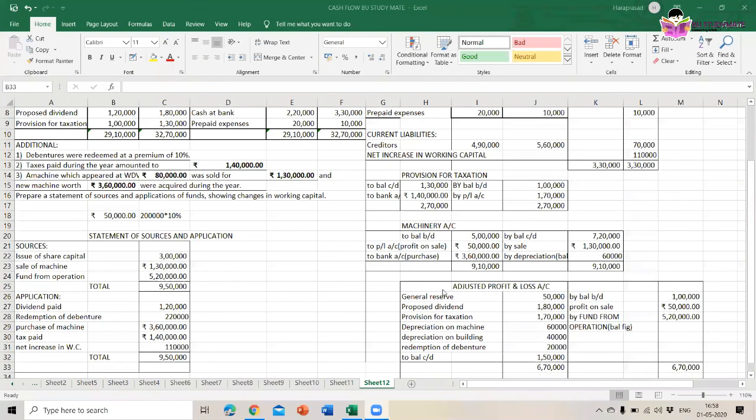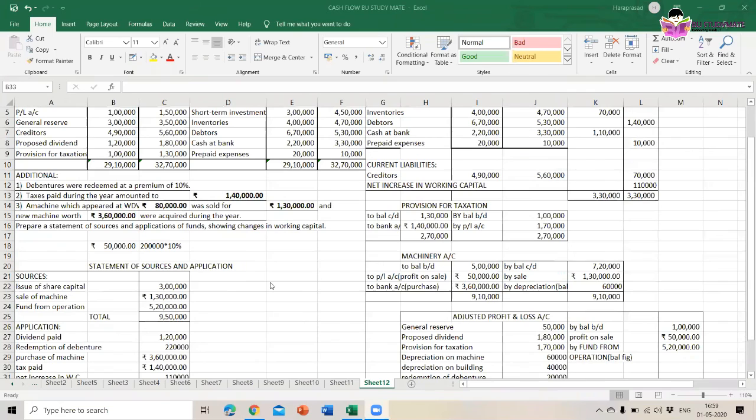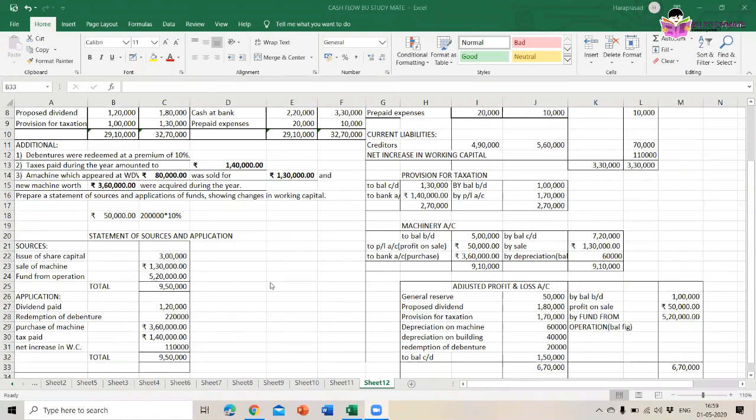Yeah, here in adjusted profit and loss account, proposed dividend, why we have to take 1,80,000 rupees is, you know that whenever a company is preparing its financials, that time it will make some provision for the tax and for the debentures and for the provision for dividend also. So for making provisions, it will make for the current year.